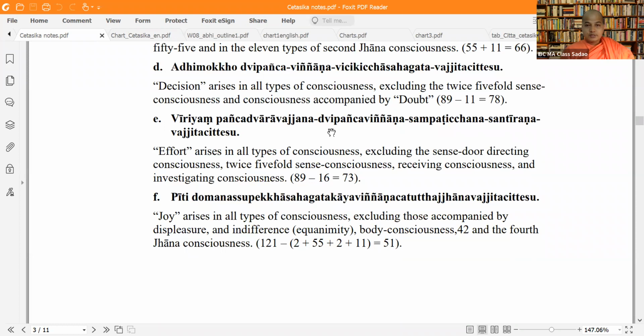Viriyang Panchadwara Vajjana Dvi Pancha Vinyana Samparichana Santirana Vajita Chittesu. In how many Chittas is effort present? In 73 Chittas. Effort arises in all types of consciousness, excluding the sense door directing consciousness, twice fivefold sense consciousness, receiving consciousness, and investigating consciousness. Panchadwara Vajjana consciousness.